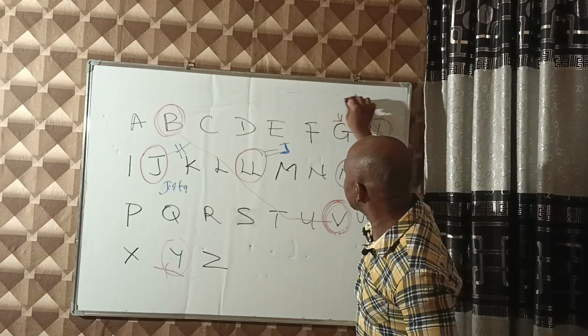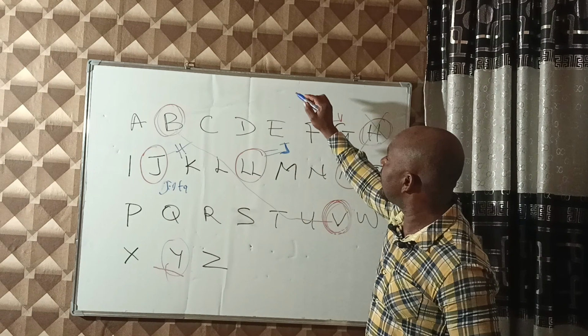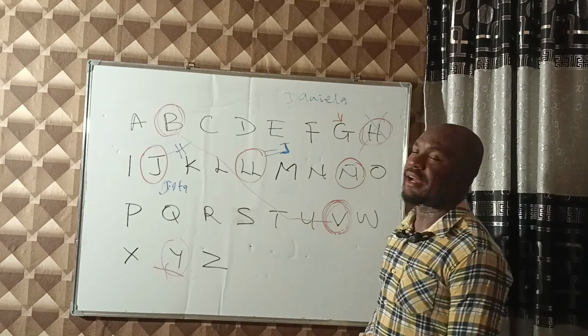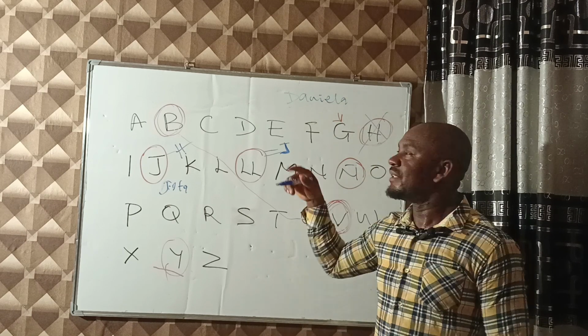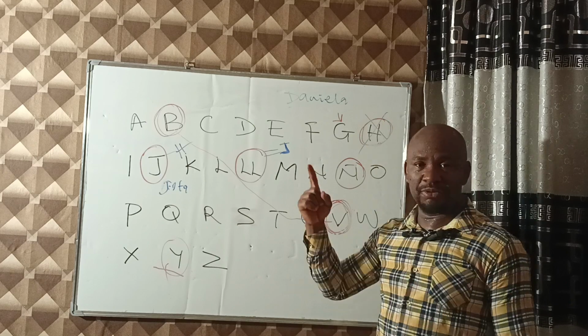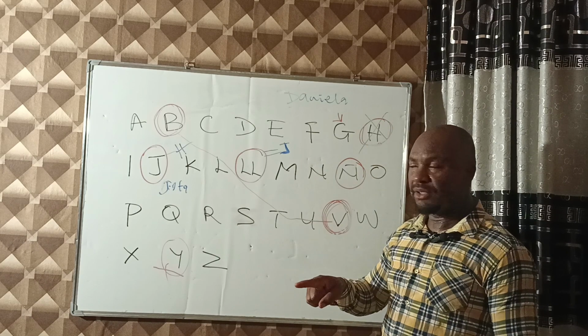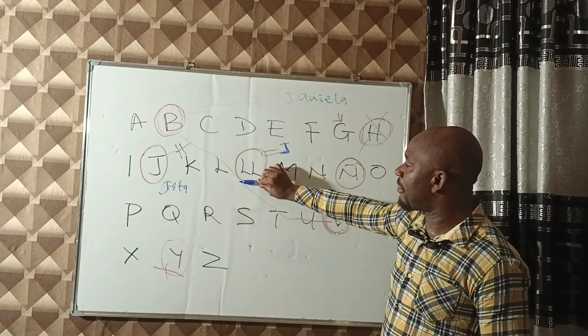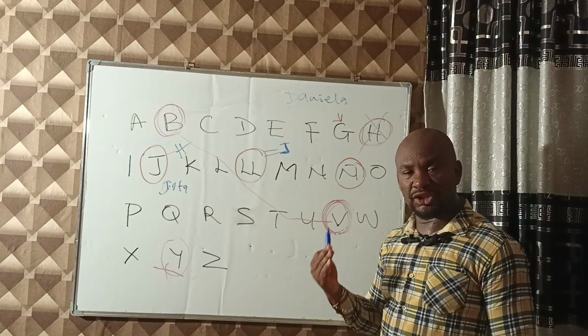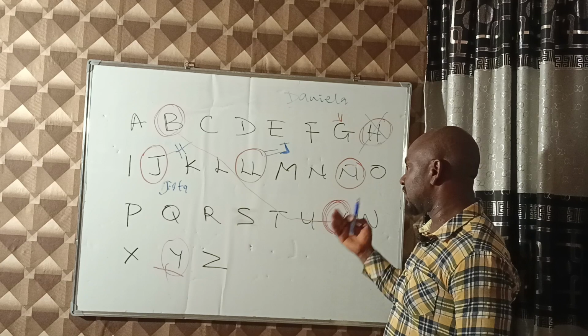So the best way to write it is with one L, which is Daniela. Excellent. Daniela is the right word. If you put double L, it becomes Eja. So anywhere you come across this double L, it is pronounced as a J sound.